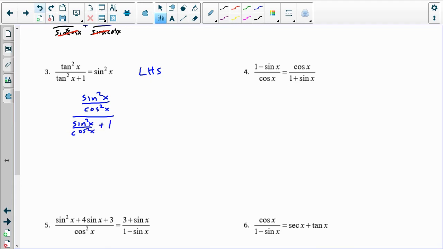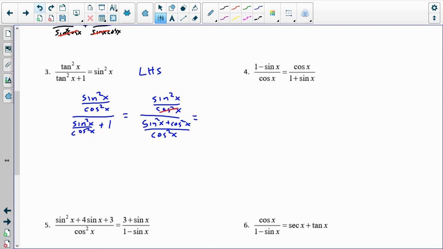Okay, so now that I have that, I'm going to get a common denominator of the denominators. And then the only thing I need is to change this 1 into a cosine squared over cosine squared. So now I have sine squared over cosine squared in the numerator, and I have sine squared plus cosine squared over cosine squared in the denominator.